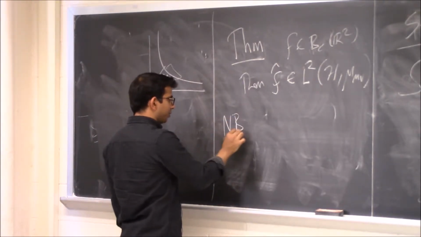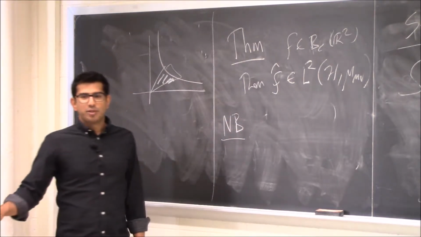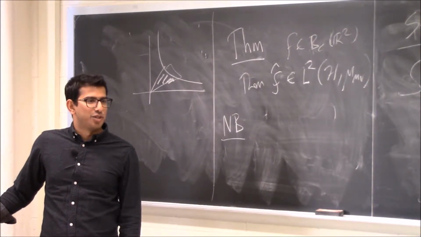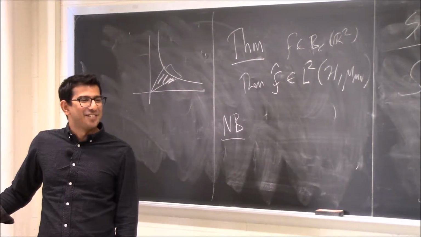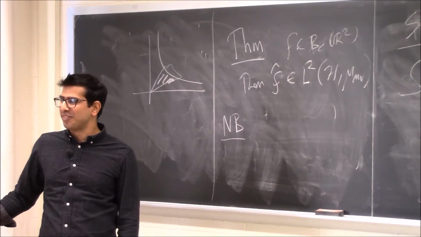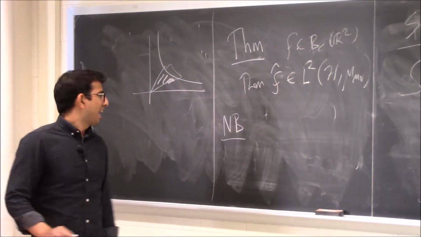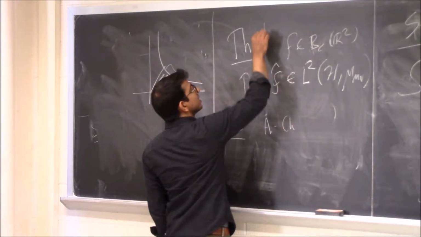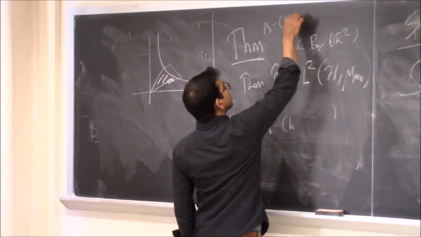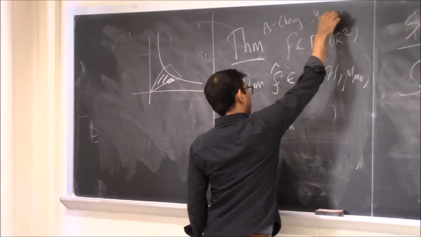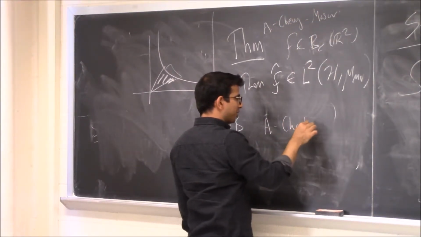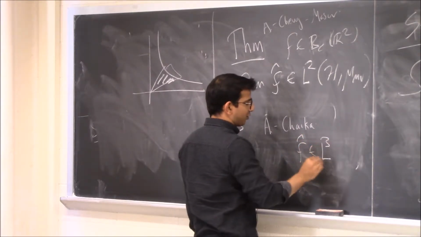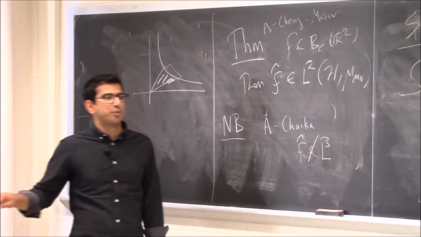And something to note, I have a paper with John Chaika where we say that this theorem is not true. We say that if you look at the indicator function of the ball of radius 1, that it's not in L2. Howie pointed out to us that, in fact, the paper with Chaika, so this theorem is with Cheung and Masur, that the proof with John shows that f hat, if you take f to be the indicator function of the ball of radius 1, is not in L3.